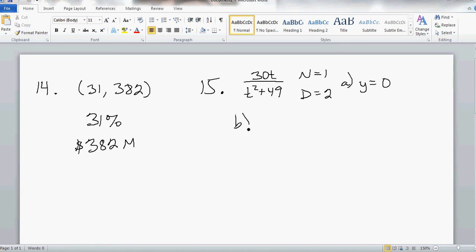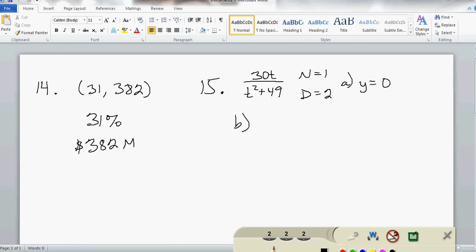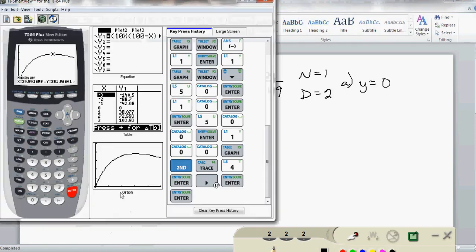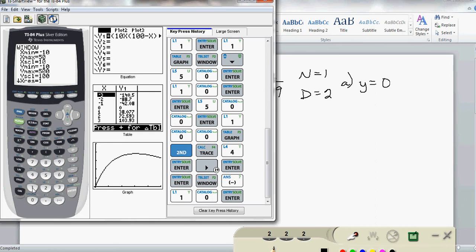Part B asks, using the graphing utility, determine the time at which the concentration is the highest. So once again, we're going to go to the graphing calculator. I'm going to put the window back to -10, 10, 1.